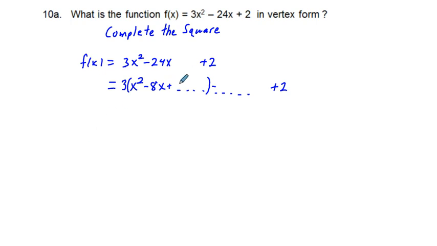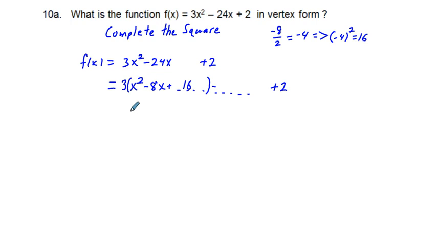And so to find out what number goes here, we take this negative 8, this coefficient of x, and divide that by 2. We get negative 4. And we take this negative 4 and square it. Now you're always going to get a positive number here. So we're going to get 16. So 16 is going to go right here.